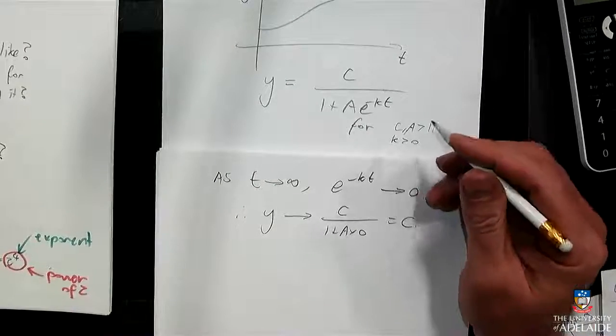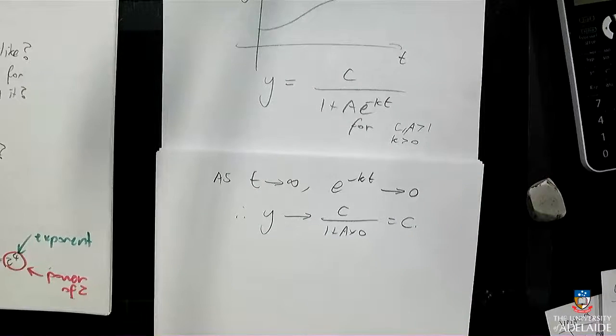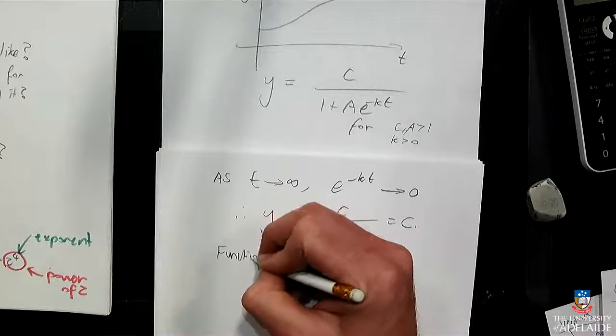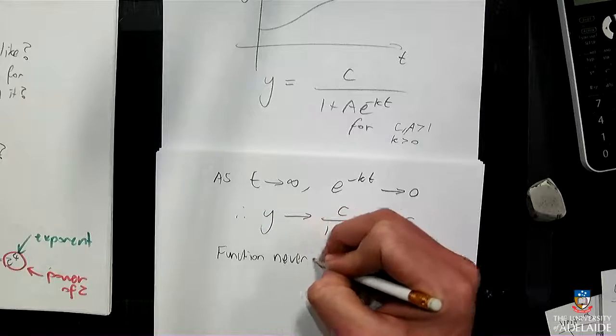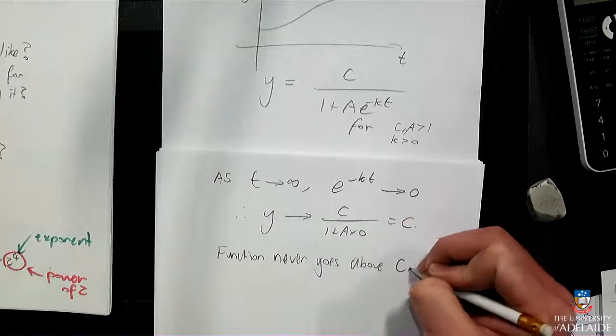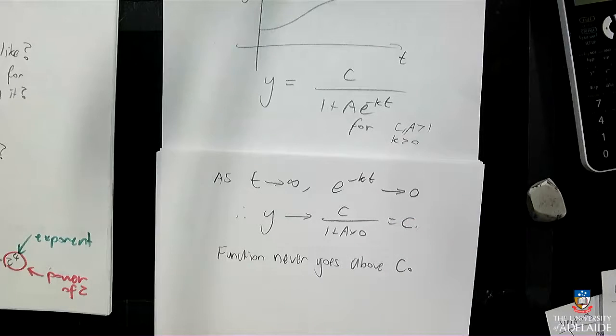And so you can never get to C, but you can get pretty close, and you can never get above C. Okay, the function never goes above C. It is actually possible to have logistic decline in population as well, but this will do for the moment.